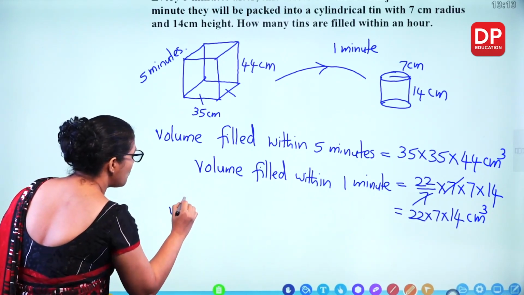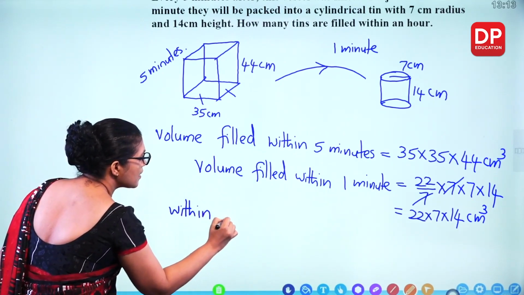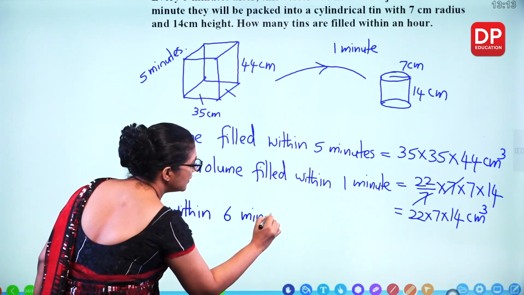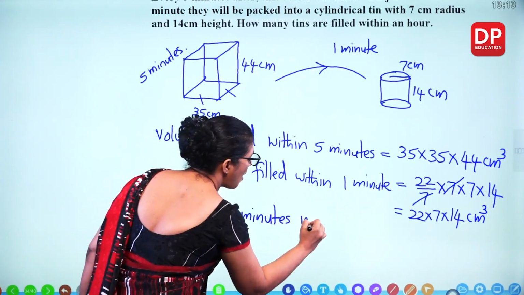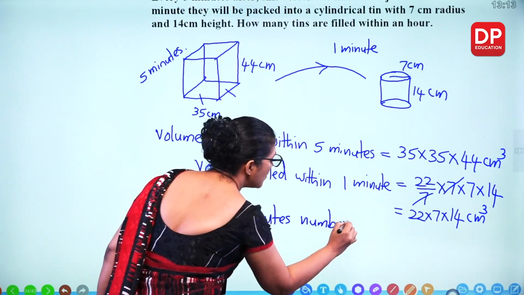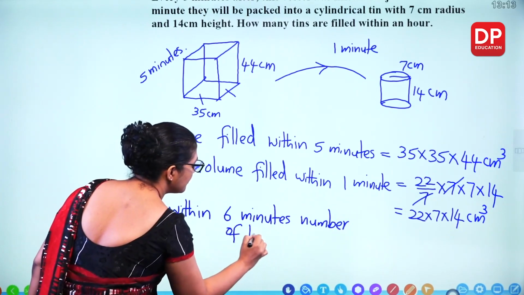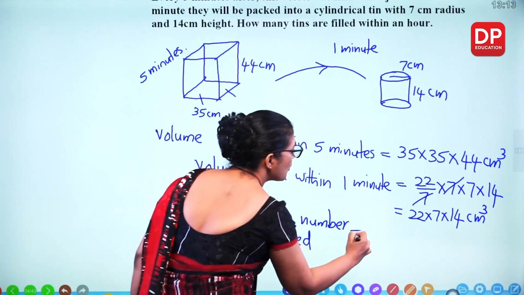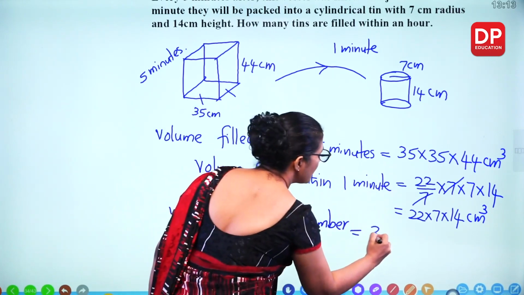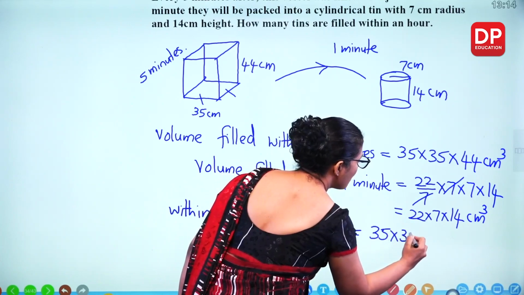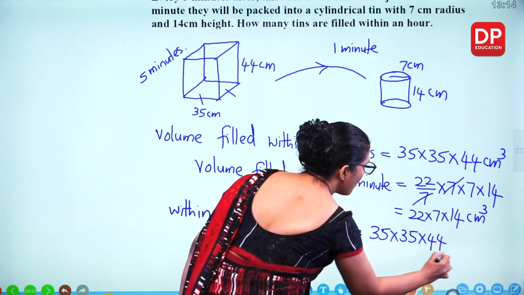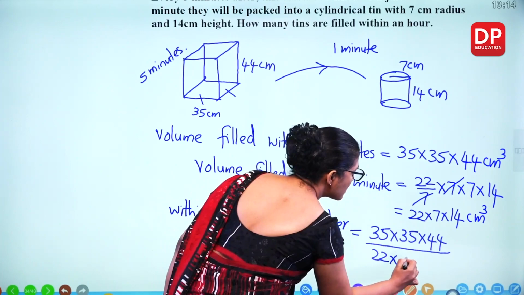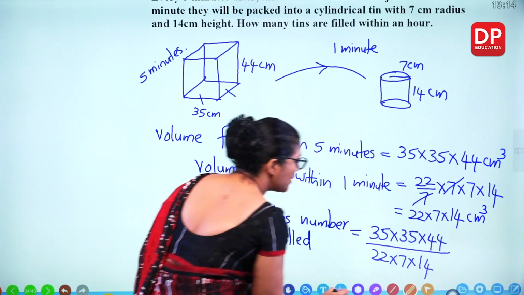So we can write within 6 minutes, number of tins filled. So you can divide these two. 35, 35, 44, divide by 22, 7, 14.